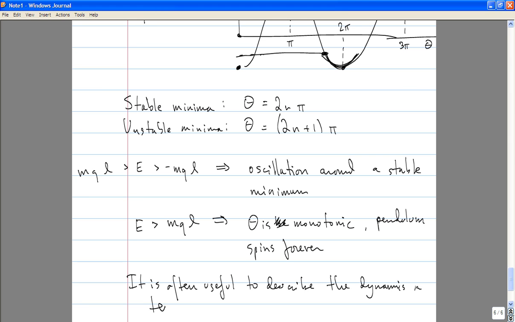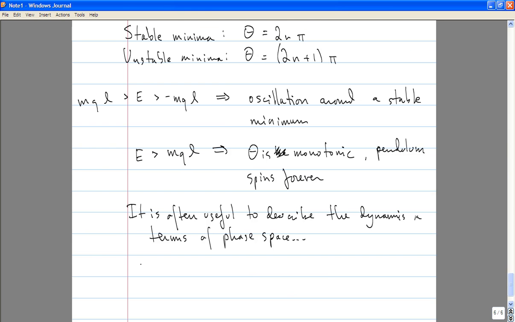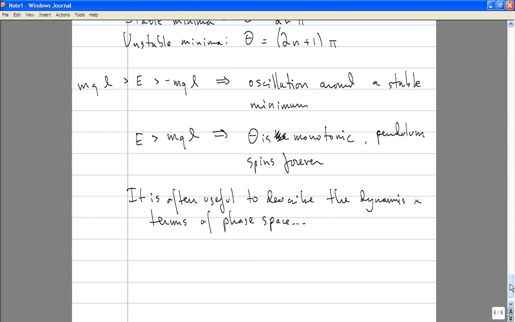Did you guys encounter phase space in your earlier mechanics classes? You probably did, although you didn't call it that. So what is phase space? You've heard the words phase space before, but you never were told exactly what it is. So let me tell you exactly what phase space is.